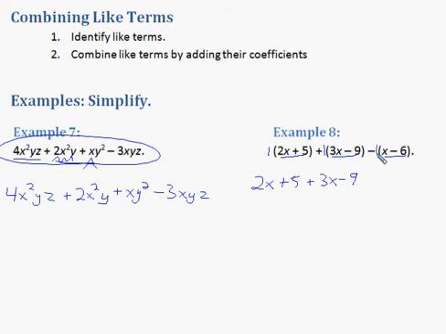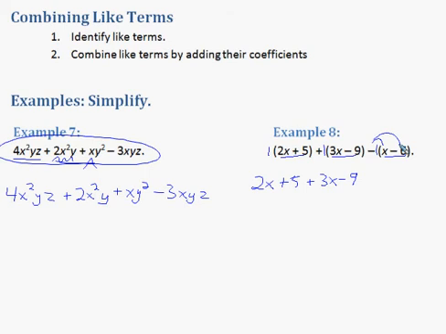So this is very, very important. So make sure you pay attention to this and really get a grasp of this. If you have a negative out here, that negative, or negative 1, I put the 1 in there, gets distributed to both of these. So what happens to numbers that get multiplied by negative 1? Well, they become the opposites.